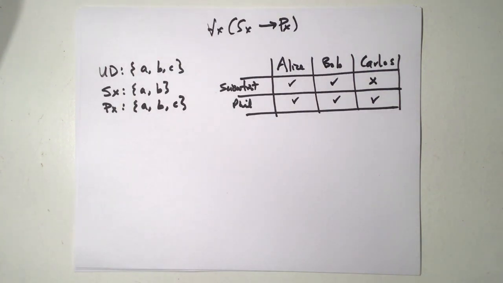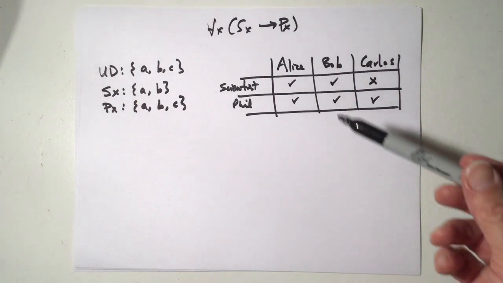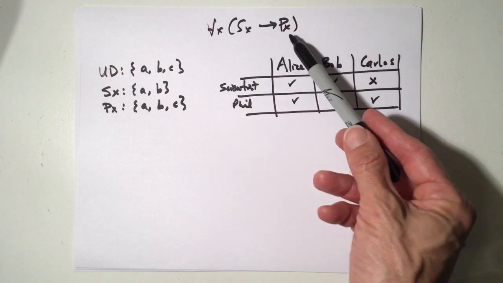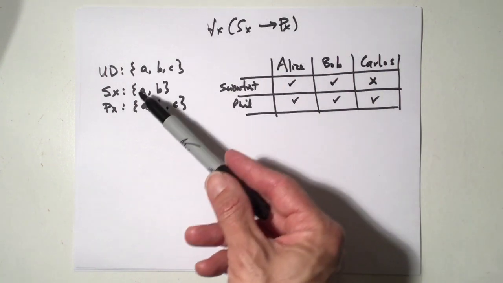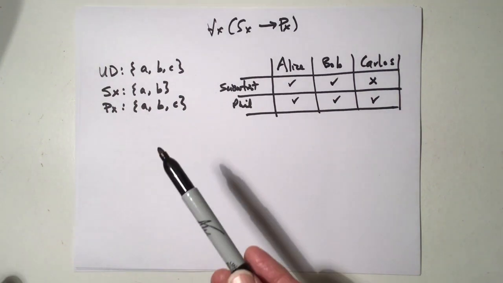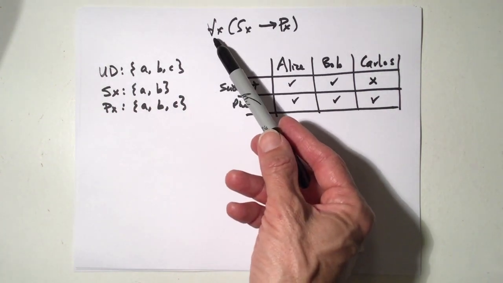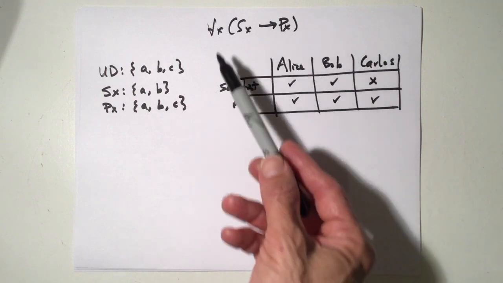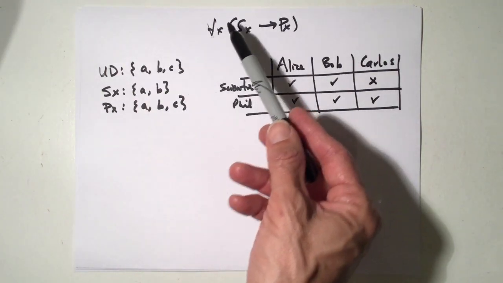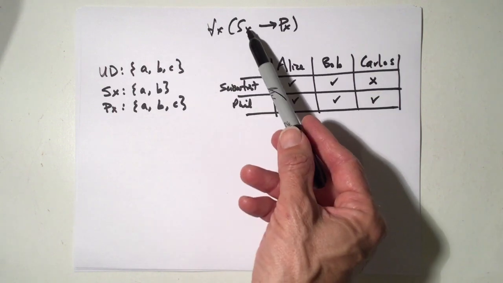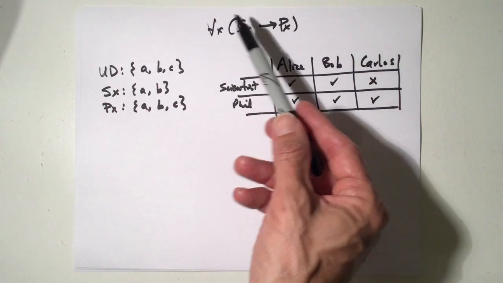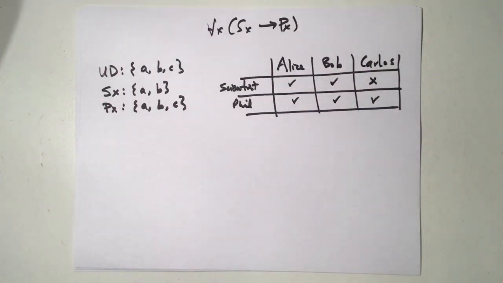So now all I need to do is think about what this sentence that I started with, for all x, if Sx, then Px, means in this interpretation. And the critical thing to remember here is that a universally quantified sentence is just a big conjunction. It says something about everything in my universe of discourse. So it says of A that if SA, then PA, and it says of B that if SB, then PB, and so on.